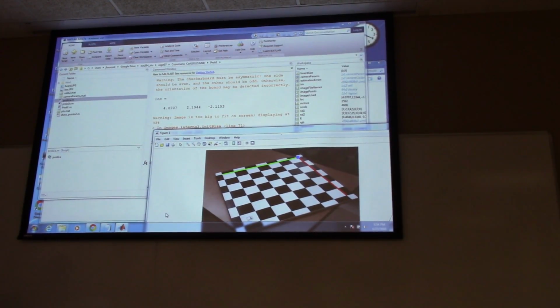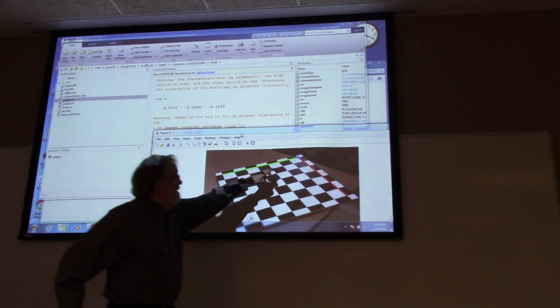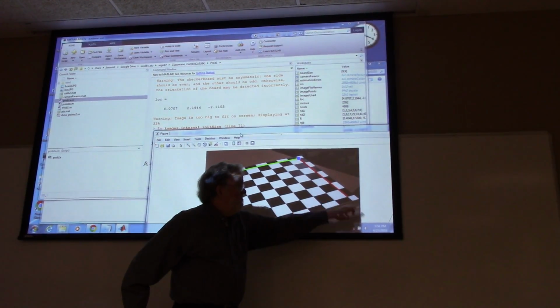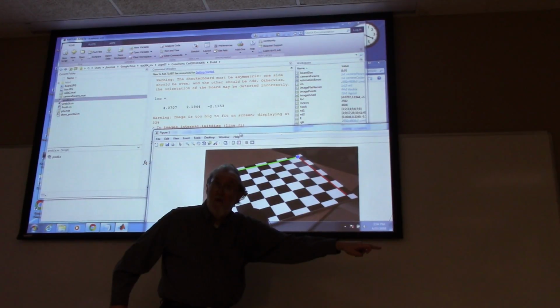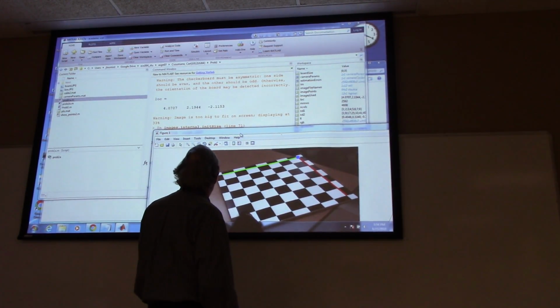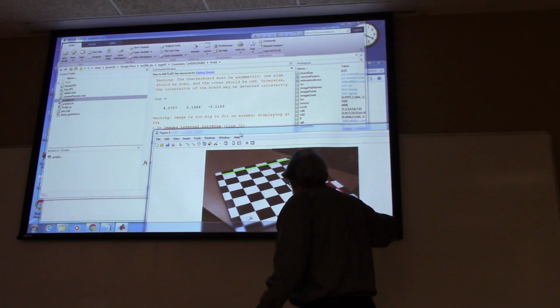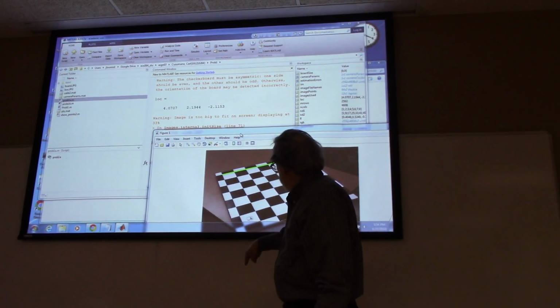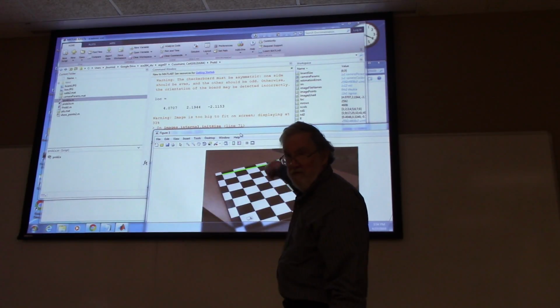So we're asked to believe that it is 4 feet along the x-axis. Here's 2, here's 4, and then 2 feet along the y-axis, which puts it here, and then up looking down.